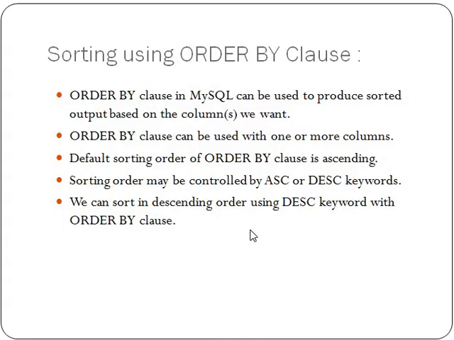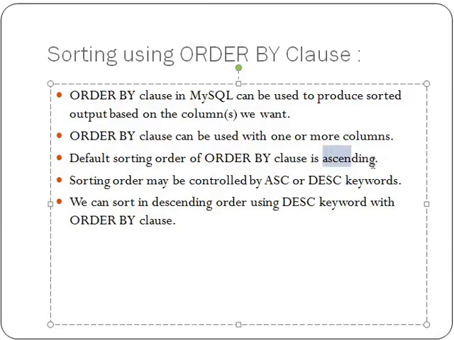Now if we consider the alphabetical series from A to Z, and we sort that series in ascending order, then it will be arranged from A to Z. The letter A will come first, followed by B, then C and so on, and it ends at Z. If I arrange that series in descending order, then the letter Z appears first, followed by Y and then X, and at the end the letter A is displayed.